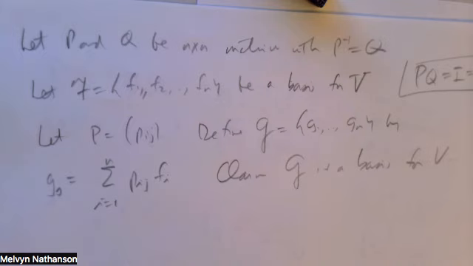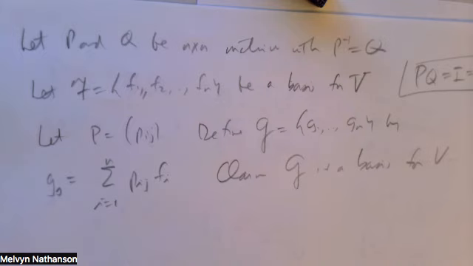So Gj is summation Pij Fi. You get any linear combination of the G's. This is Gj is a linear combination of the F's. So you get every linear combination of the G's as a linear combination of the F's. And I want to show we can get the vector 1, 0.